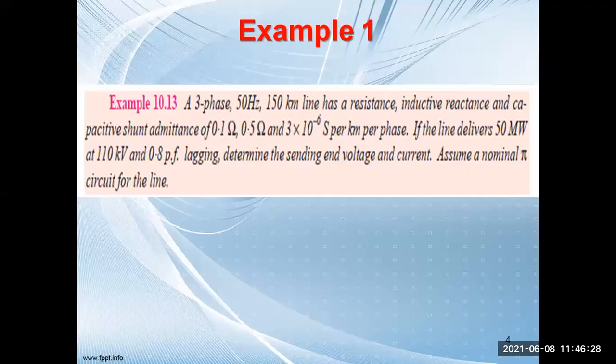A three-phase 50 Hz, 150 kilometer line has a resistance, inductive reactance, and capacitive shunt admittance of 0.1 ohm, 0.5 ohm, and 3 into 10 to the power minus 6 Siemens per kilometer per phase. If the line delivers 50 megawatt at 110 kV and 0.8 power factor lagging, determine the sending end voltage and current. Assume a nominal pi circuit.